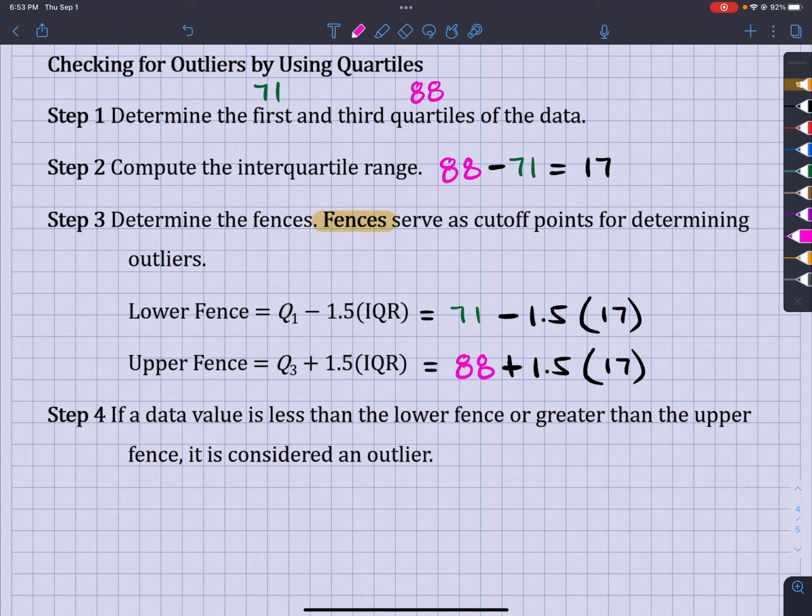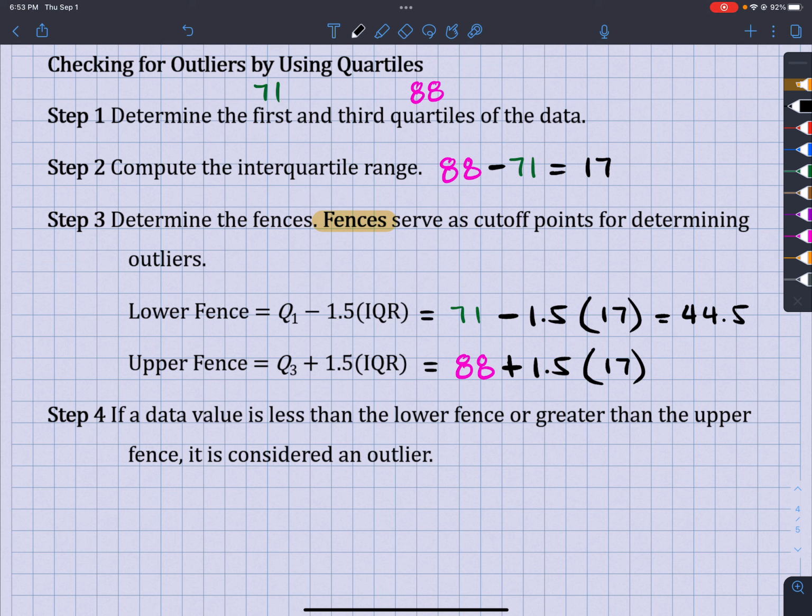So let's take a look at what those are equal to. 71 minus 1.5 times 17, and I have 44.5 as my lower fence.